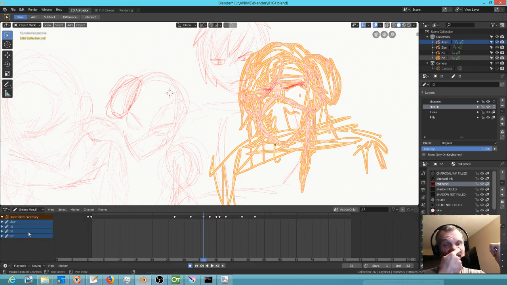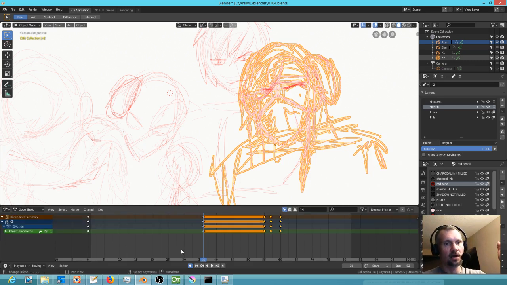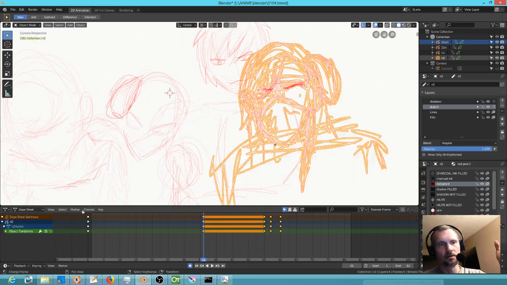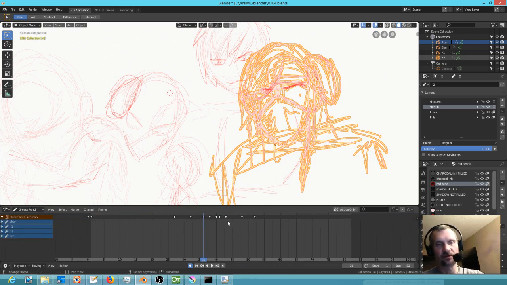And that's a big deal, because what that means is when I move these keyframes, the corresponding grease pencil keyframes don't get moved.